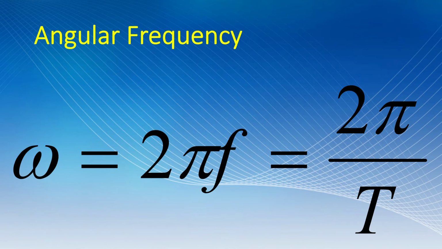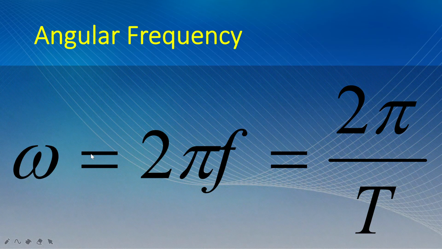The relationship between angular frequency and frequency is given by this: angular frequency is equal to 2 pi f, or another formula, 2 pi over T. The angular frequency and frequency are directly proportional with each other, meaning when angular frequency increases, the frequency also increases.